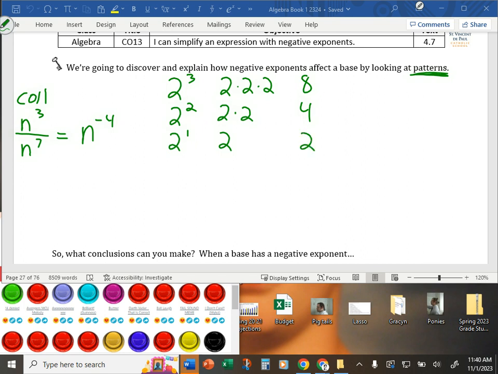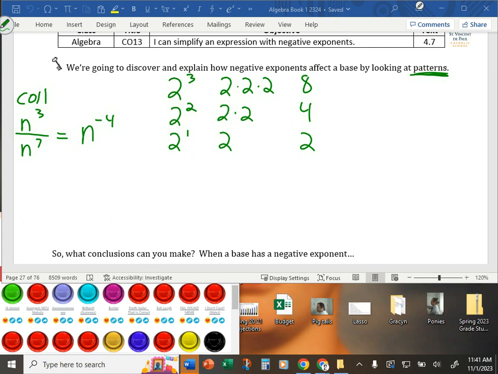So let's pause here and describe what's going on. What's the pattern that is developing as we decrease our exponent by 1, from 3 to 2 to 1? What's happening to our values? They get divided by 2. They're being cut in half, because we have one fewer 2 there. So this actually falls in line with CO12.